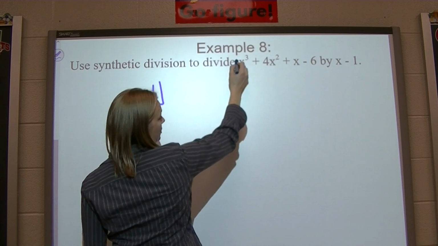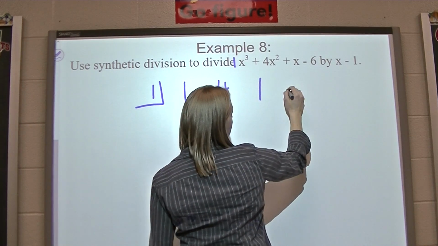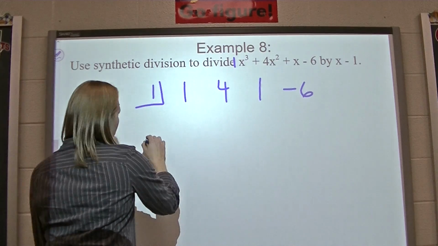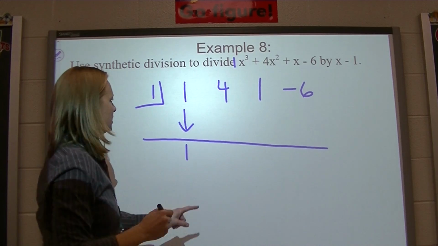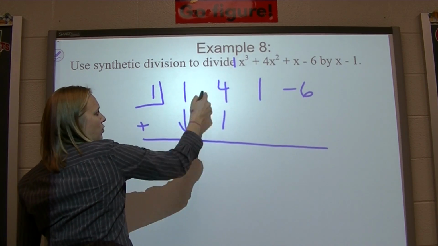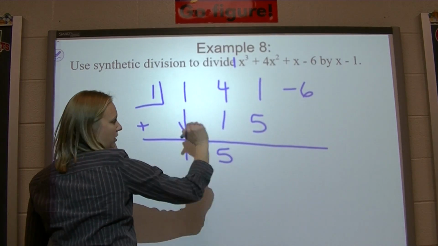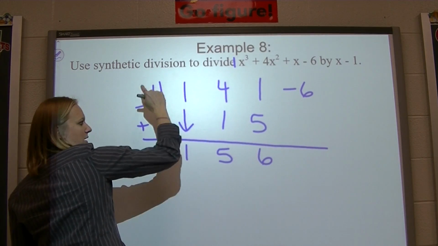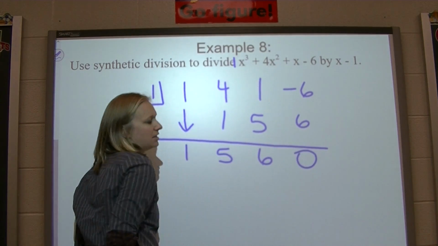And then my coefficients, 1, 4, 1, and -6. Remember, no matter what this is, it comes straight down. 1 times 1 is 1, 4 plus 1 is 5, 1 times 5 is 5, 1 plus 5 is 6, 6 times 1 is 6, -6 plus 6 is 0.